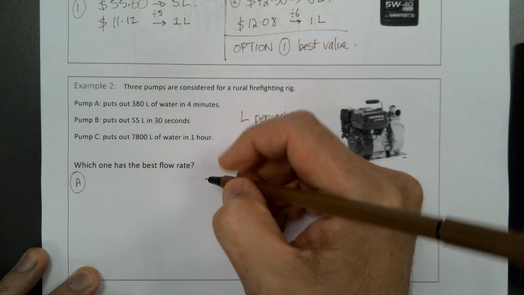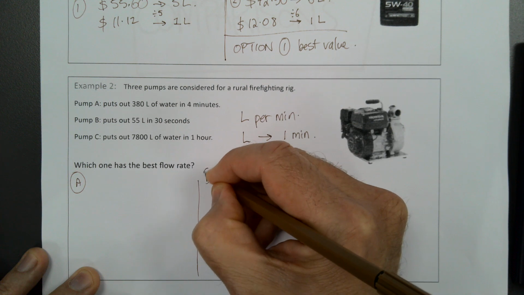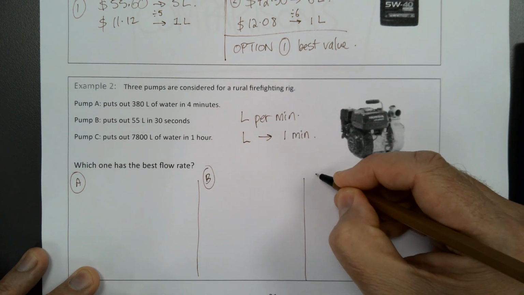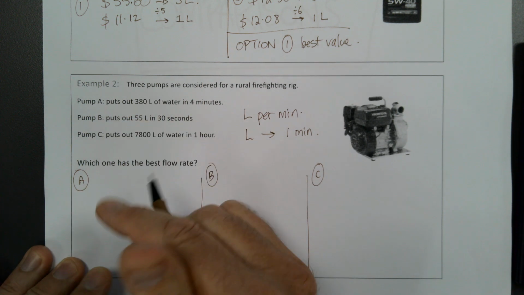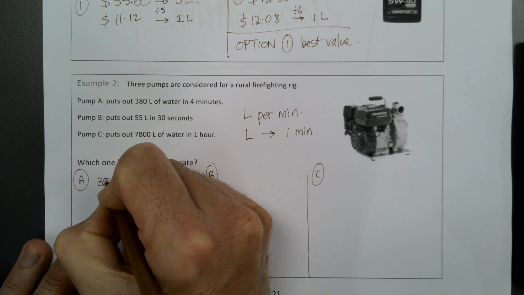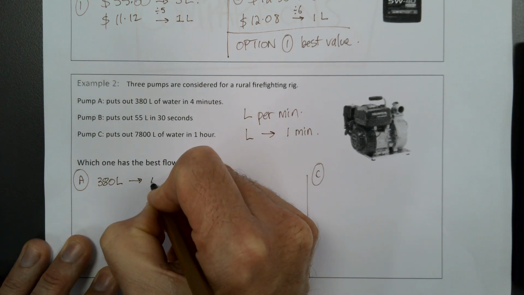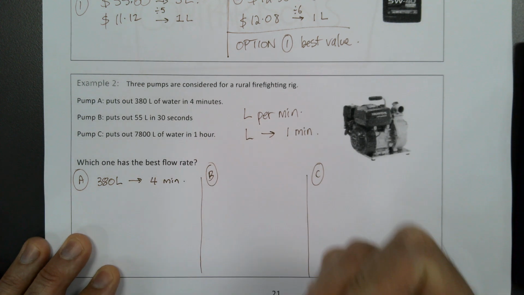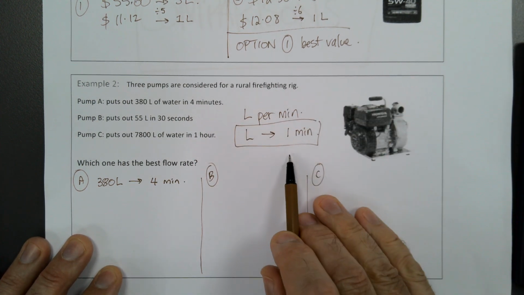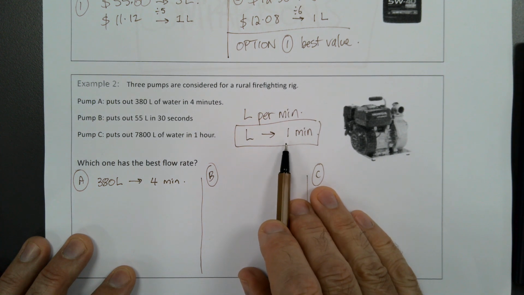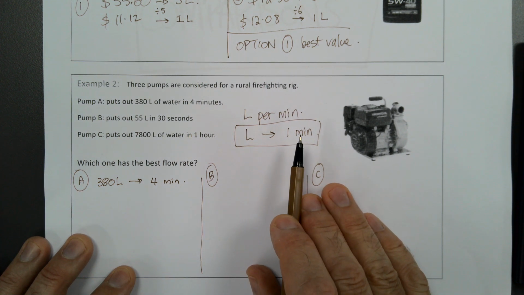So I'm going to go A here, B there, and C there. All right, so let's look at A. What's the information? It says it's 380 litres happens in 4 minutes. Again, this is what I'm after. This is what I've decided I want to get. Mind you, you would not be wrong if you wanted to work it out per second or per hour.